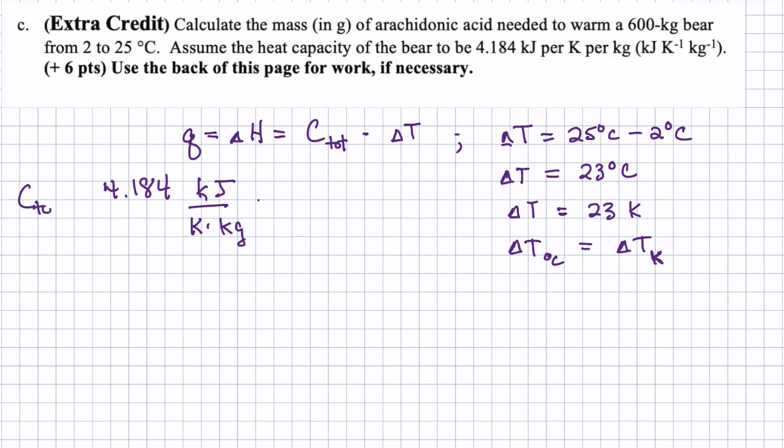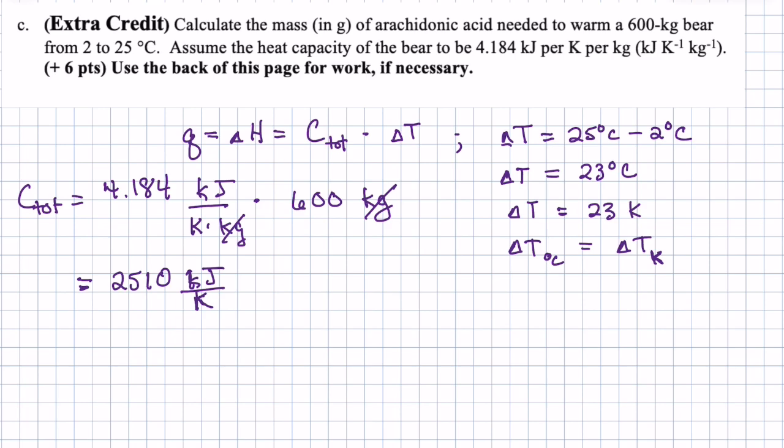So the total heat capacity is 4.184 times the mass of the bear, which is 600 kilograms. The kilograms are going to cancel out, and we're going to get a value of 2,510 kilojoules per Kelvin. All right, so that's our total heat capacity.